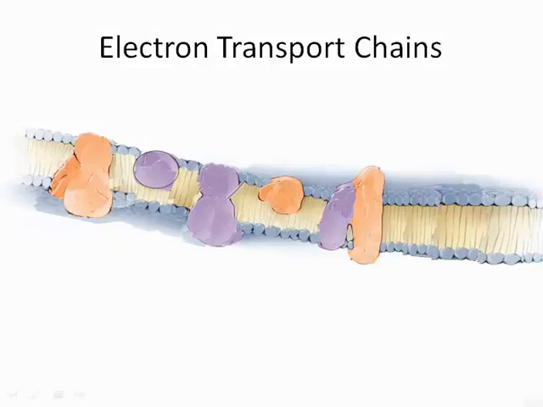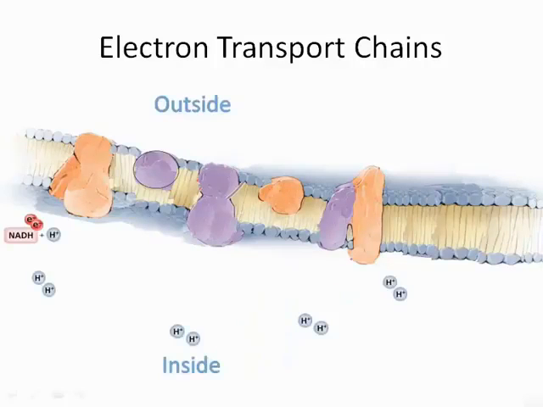Let's look at an electron transport chain more closely. This one is found in a bacterial cytoplasmic membrane and transports 2 electrons at a time. An electron carrier called NAD brings 2 electrons to the chain from the reactions of glycolysis and the Krebs cycle.